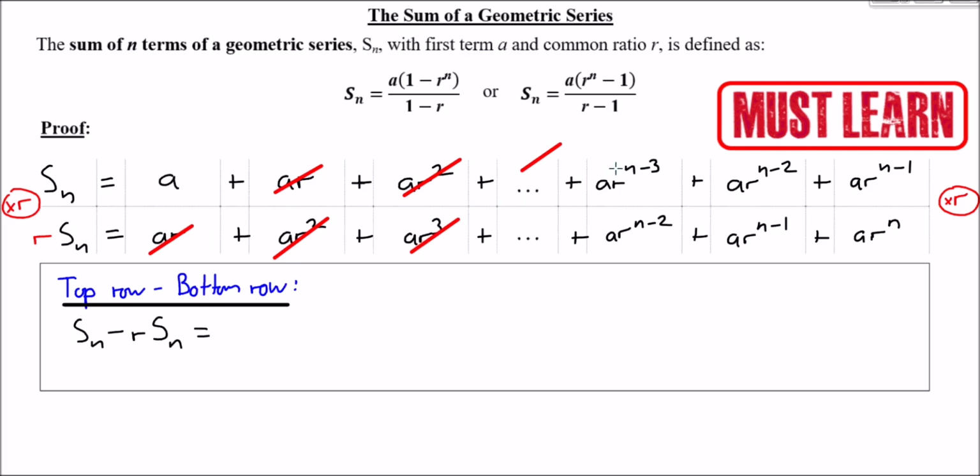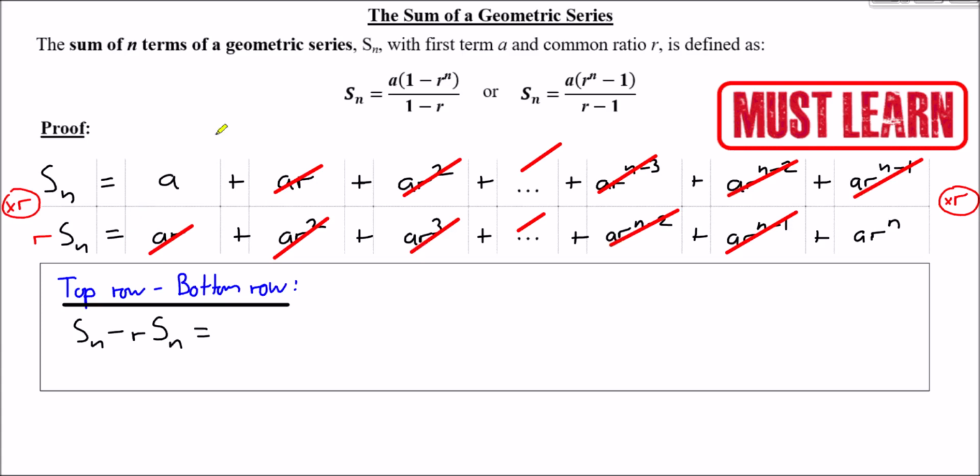So ar to the n minus 3, that'll cancel something down here. ar to the n minus 2 cancels this ar to the n minus 2, and ar to the n minus 1 will cancel with this ar to the n minus 1. So we're only going to be left with two things. This a has nothing down here to cancel it with. There's no a term on its own down below.